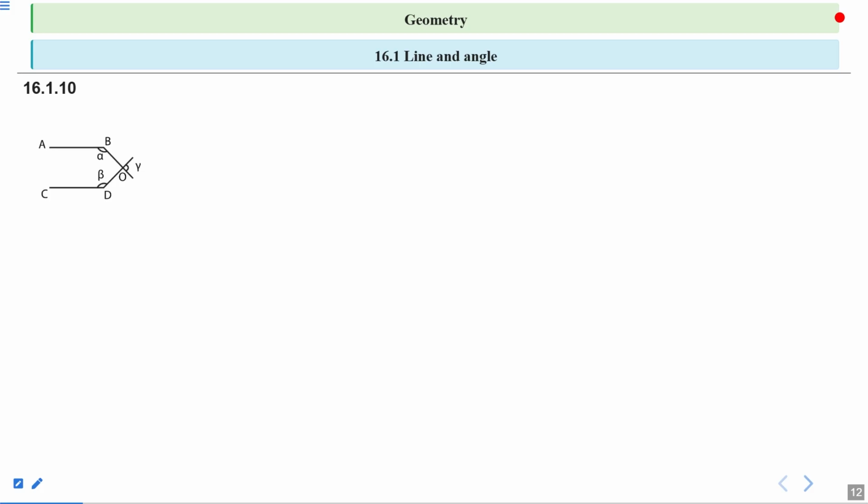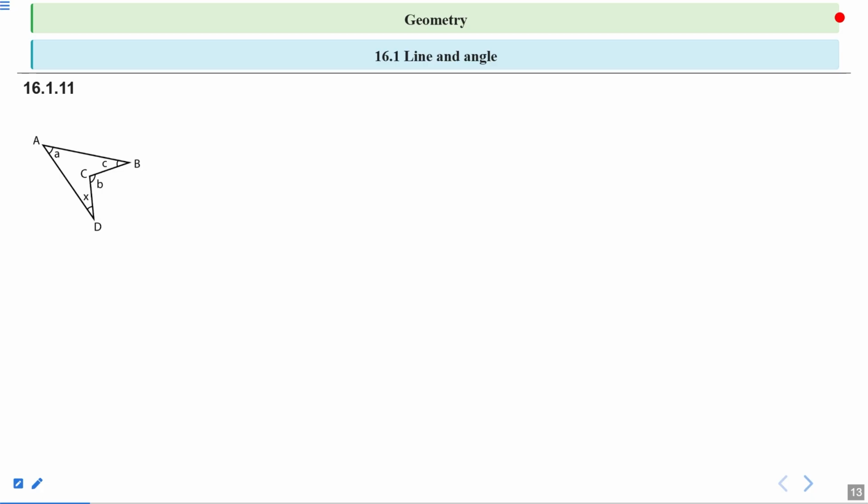So in lines and angles, if a diagram is given like that and it is given that AB is parallel to CD, then the value of alpha plus beta plus gamma will always equal 360 degrees. Next one.